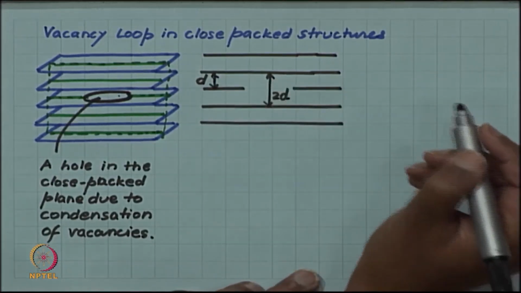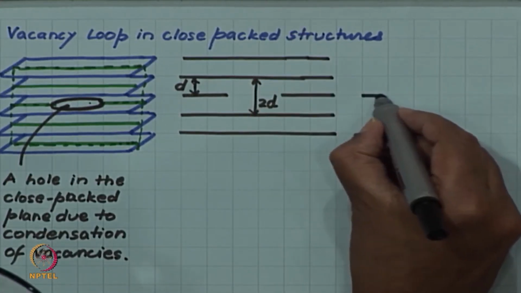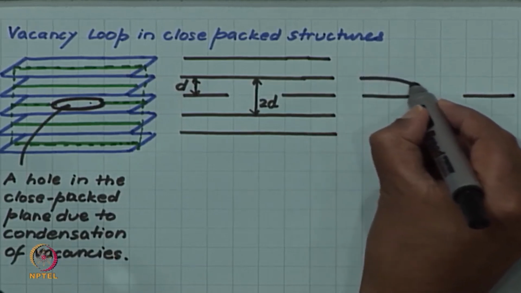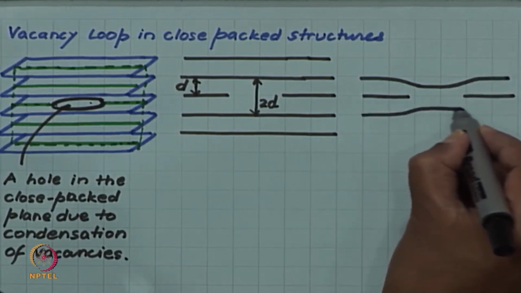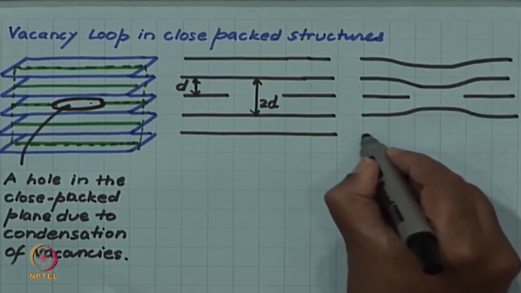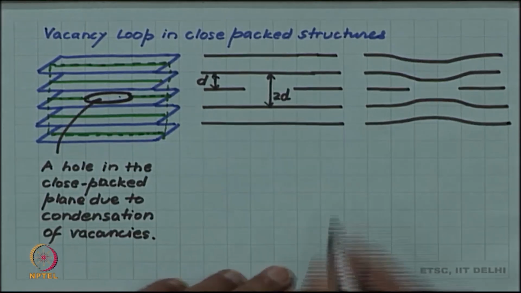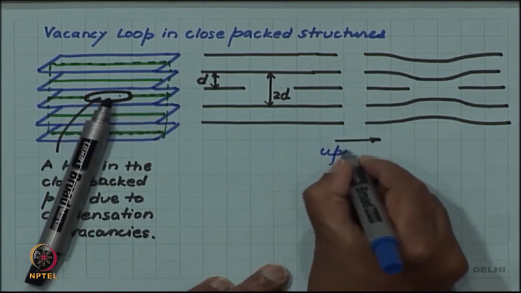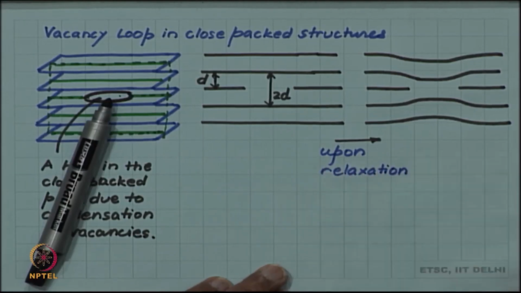Now, the crystal will obviously not like this. So, these planes will relax towards each other, and in the final equilibrium configuration the nearby planes will collapse towards the hole. So, due to relaxation we will have this configuration.